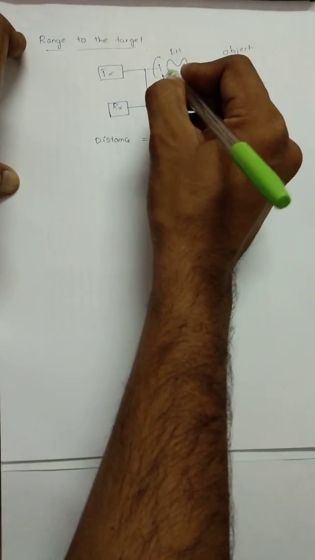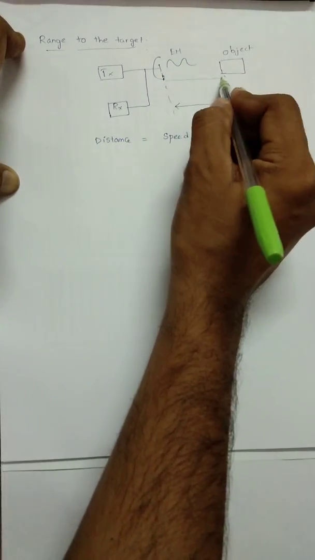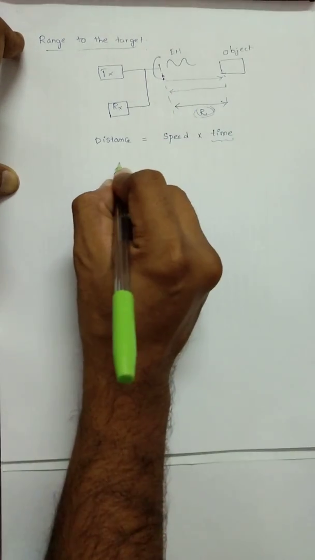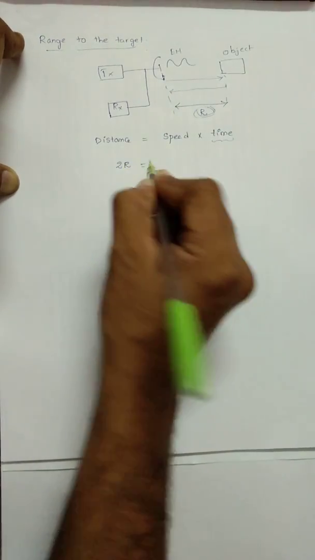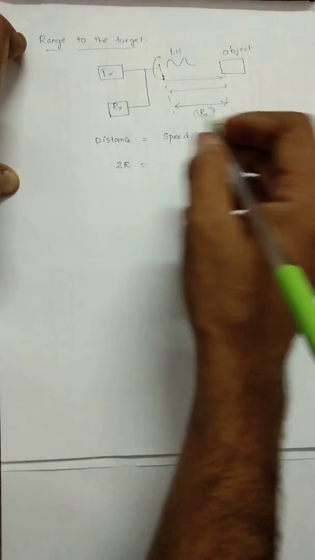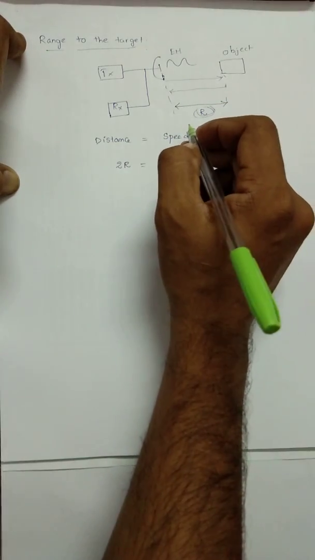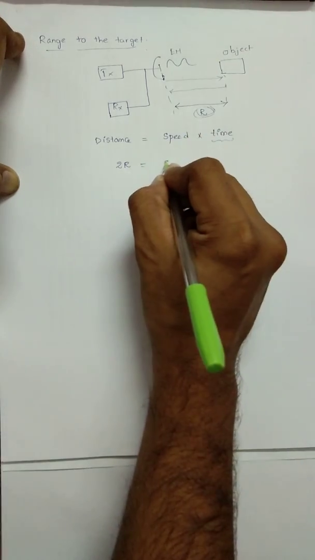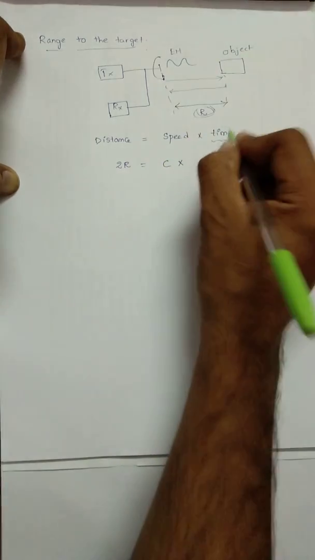In the forward direction the distance is r, and in the reverse direction the distance is again r. So the total distance traveled by the EM wave is 2r. Next, the speed of the electromagnetic wave is nothing but the speed of light, c.